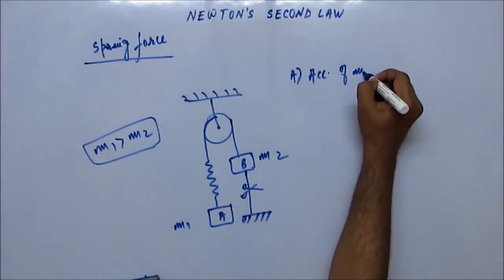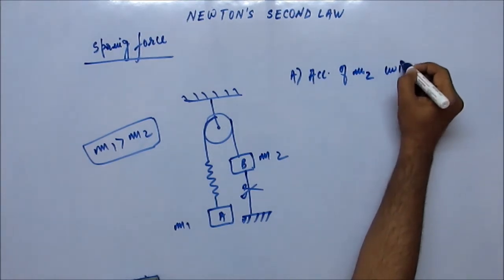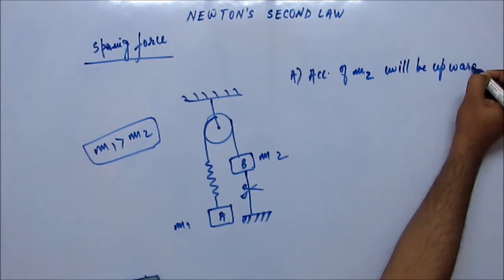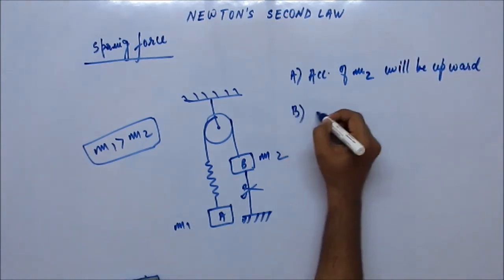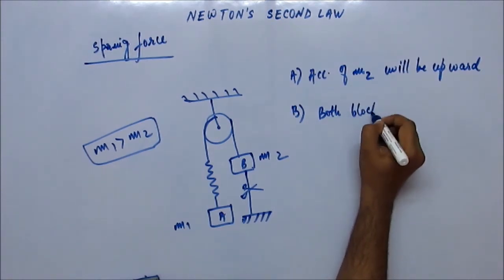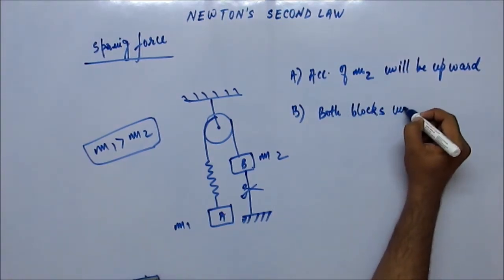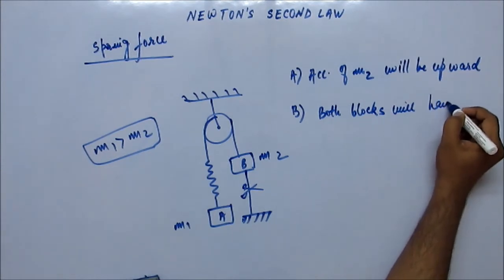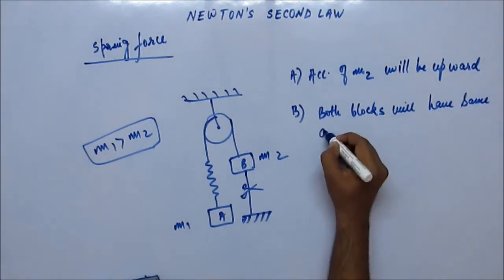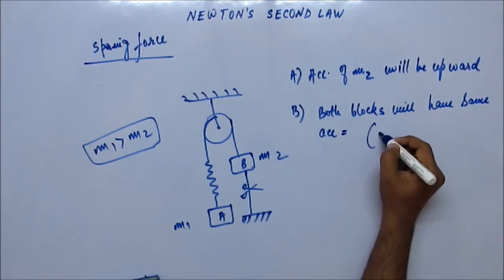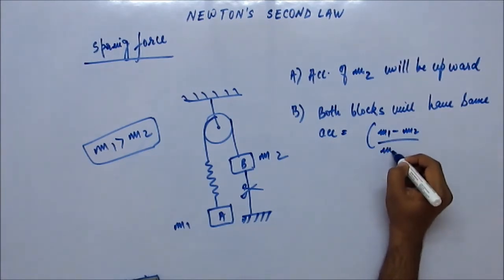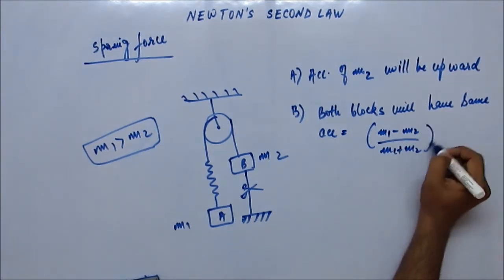Option A: acceleration of m2 will be upward. Option B: both blocks will have the same acceleration equal to (m1 minus m2) upon (m1 plus m2) into g.